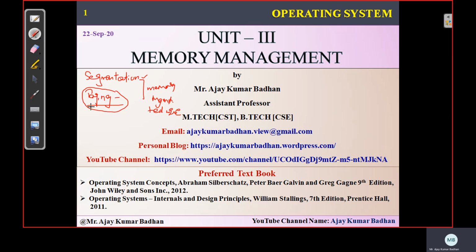Today's session will try to cover the hardware concepts, that is, how the hardware supports paging. And we will also discuss providing protection to these pages, that is, within the main memory where we store the information, how to make sure that one process is not trying to access the memory of another process. We are going to see that in this video.